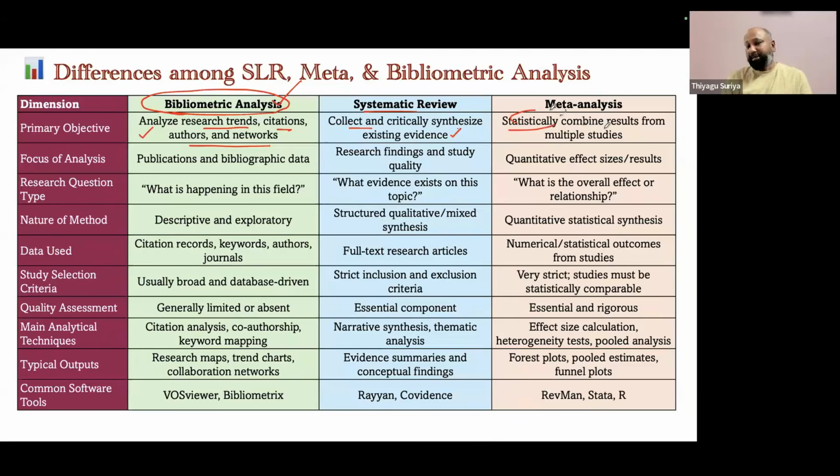Meta-analysis statistically combines the results of multiple studies, so it's like a study of studies. And this is the nature of each method. Basically, we use descriptive and exploratory methods in the case of bibliometrics. Systematic literature review is mostly qualitative, but meta-analysis is purely quantitative. So you must be familiar with these basic differences.